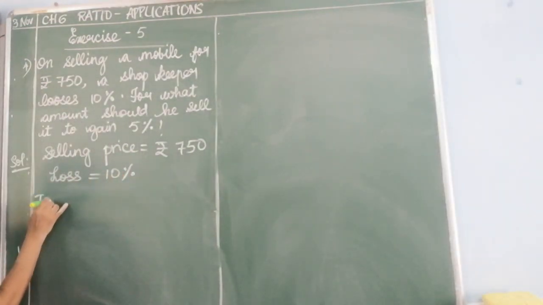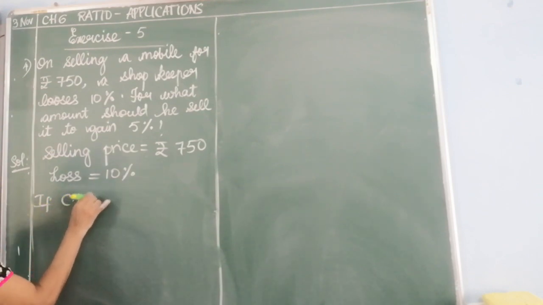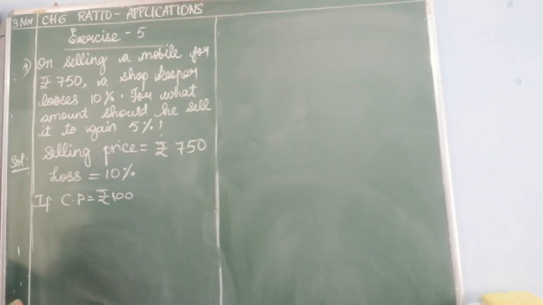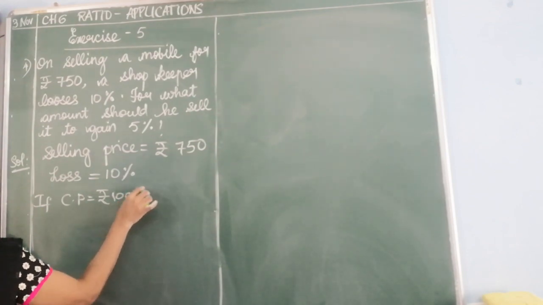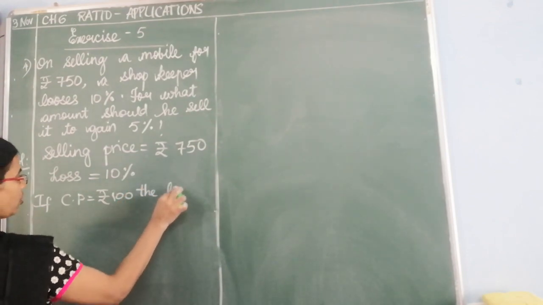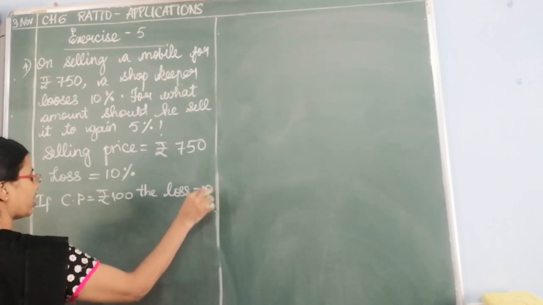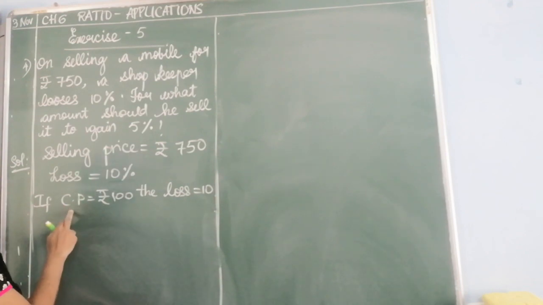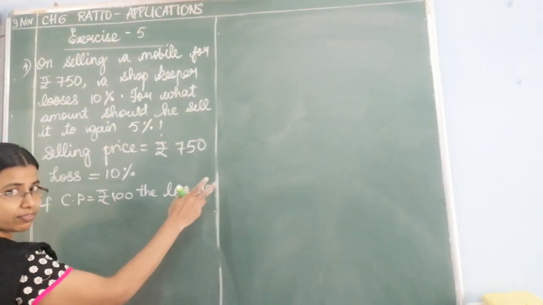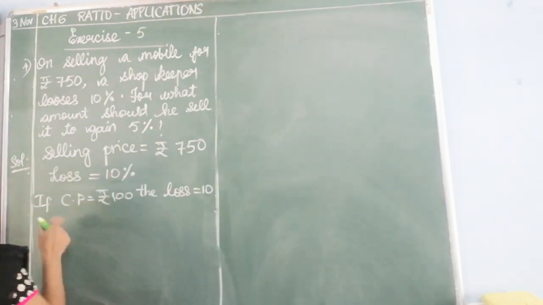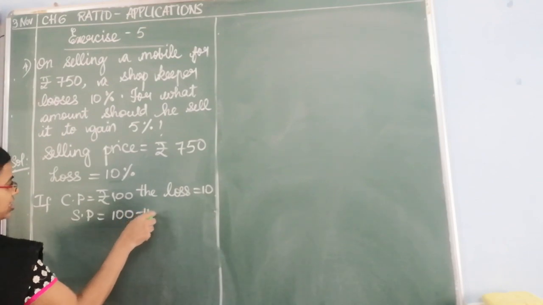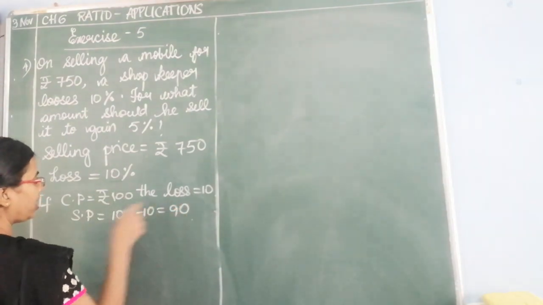So if cost price is equal to rupees 100, then you know that the loss is 10%. Loss is equal to 10. 10% means per 100. So here if I am taking the cost price as 100, the loss is 10 rupees. So now the selling price will be equal to 100 minus 10, which is equal to 90.